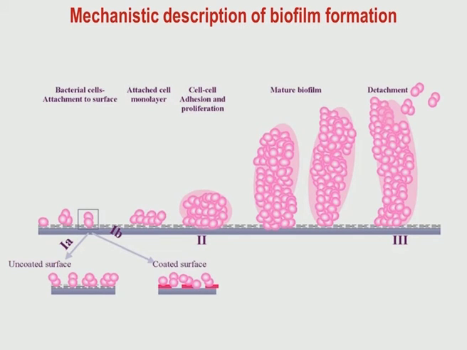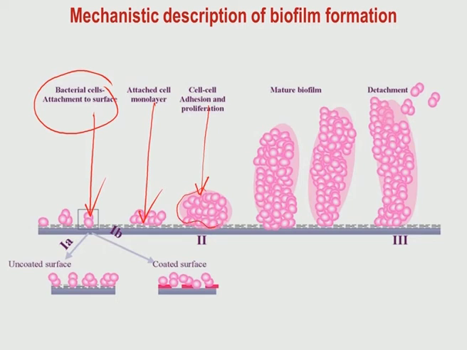This is how it has been shown here a little more clearly. You have bacterial adhesion and attachment to the surface, then the attached cell monolayer, then cell adhesion. There is polysaccharide extracellular matrix deposition around the bacterial colony that helps as a glue.